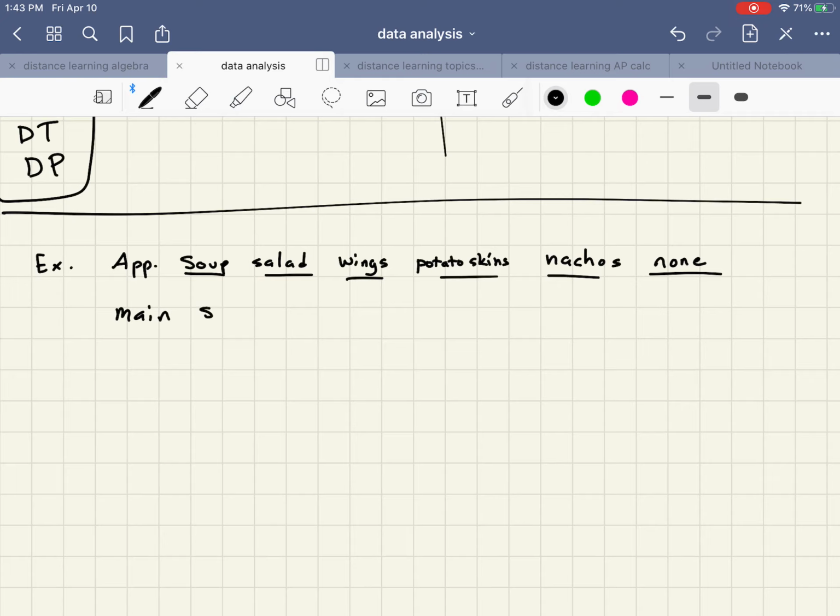So then you can go to a main course. Let's just say that there are sandwiches. Let's say there's sandwich 1, sandwich 2. You could do a pasta dish. They're really generic. You could do pizza, or you could do chicken.